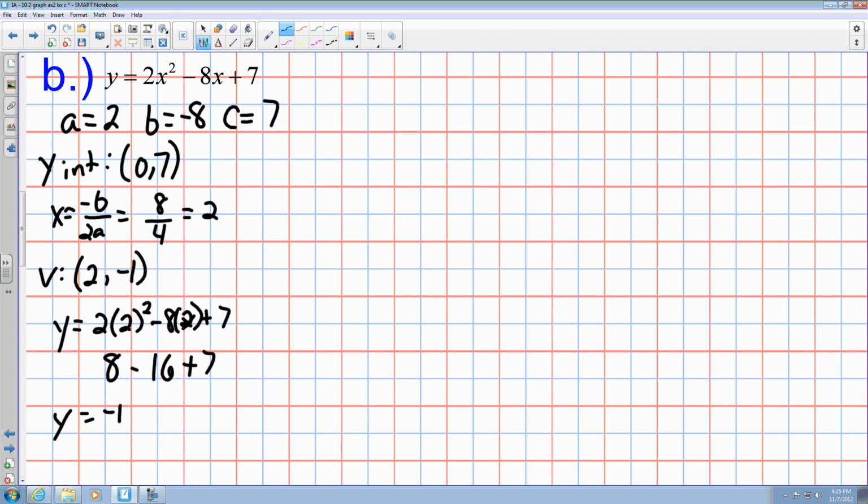Now when I make this graph, this one probably would be a little better. It fits the screen at least. And so our vertex is at 2, negative 1, so that's where our vertex is.